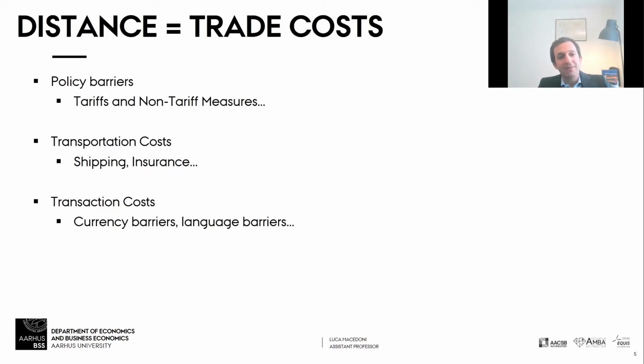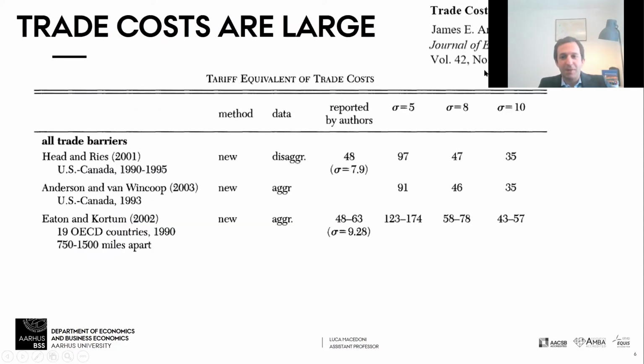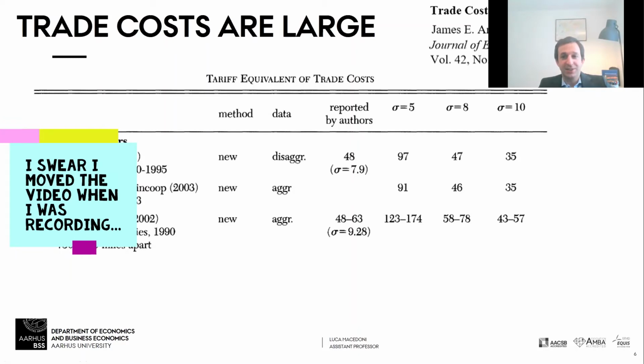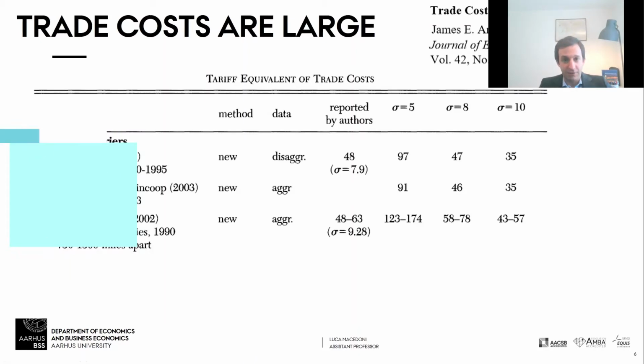So a question that we might have is, how big are these trade costs? Well, they're quite big. Here I'm showing the results from a paper by James Anderson and Eric van Wincoop, which we're gonna talk about more towards the end of this presentation. This is a paper in the Journal of Economic Literature, which, as the title says, is a collection of articles that broadly describe the current state of a given field of research.